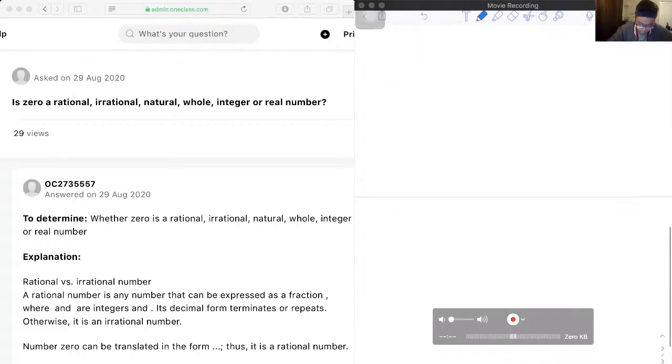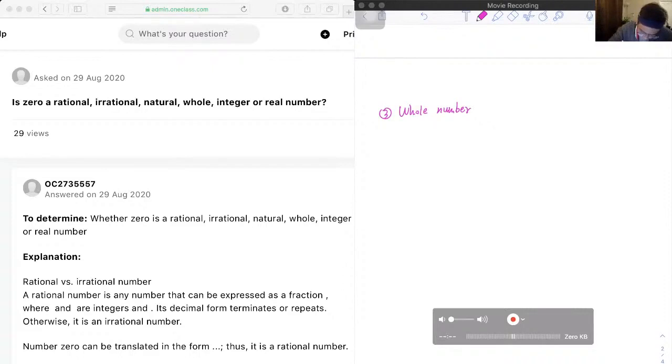So let's move on to the third part. Is 0 a whole number? Whole numbers are exact numbers that include the set of positive integers and 0.